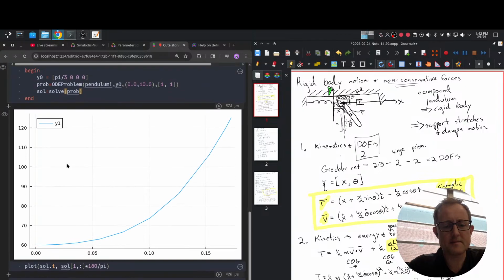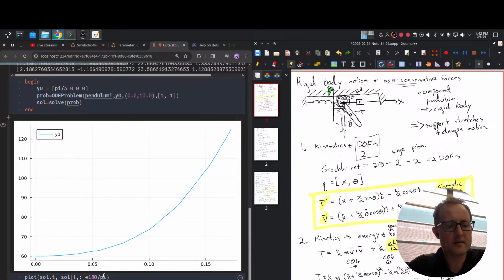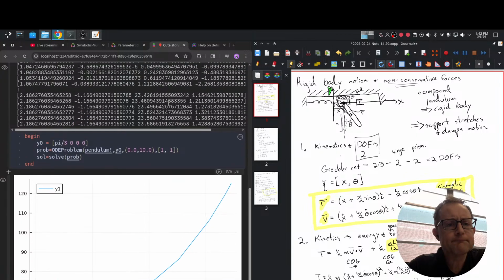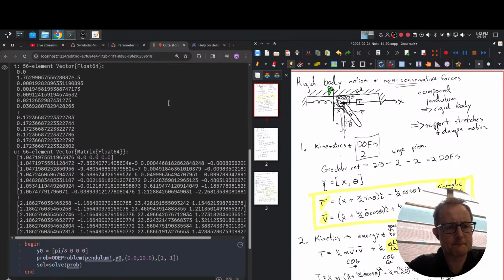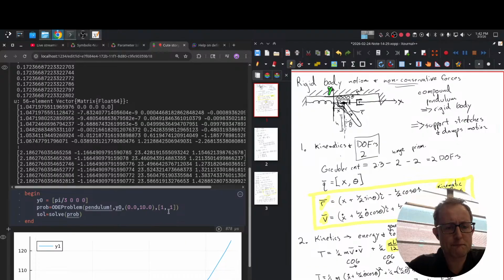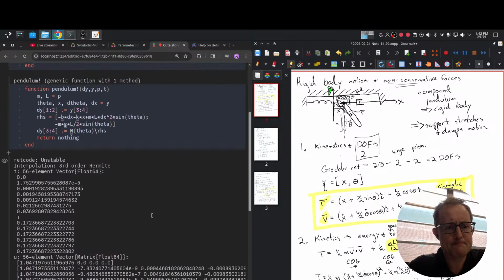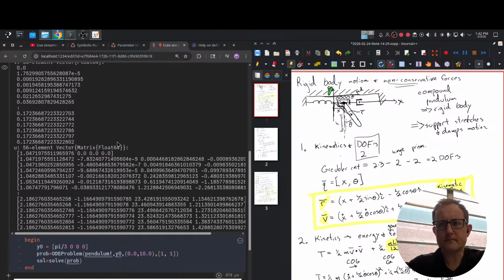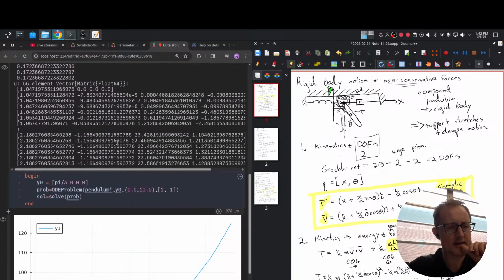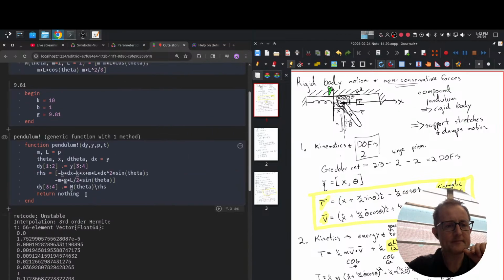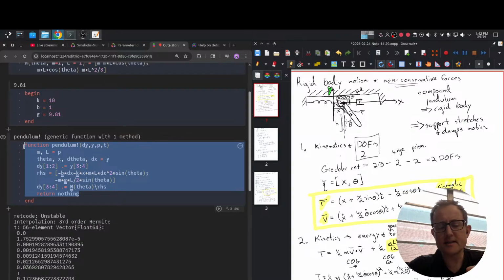I need some updates here. But it is getting stuck. So this is kind of what I wanted to show. I'm having some trouble. I'm not sure why.